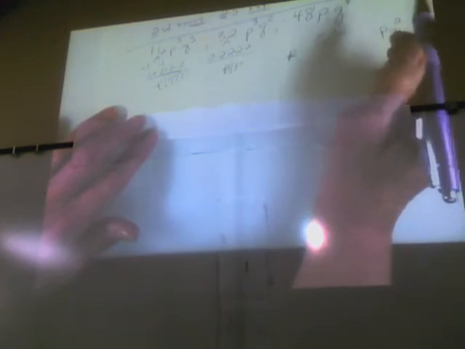The 48 you might know as 2 times 24, and 24 is 2 times 12, and the 12 you could divide into 2 times 6.